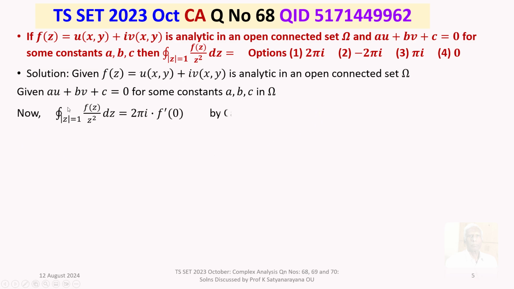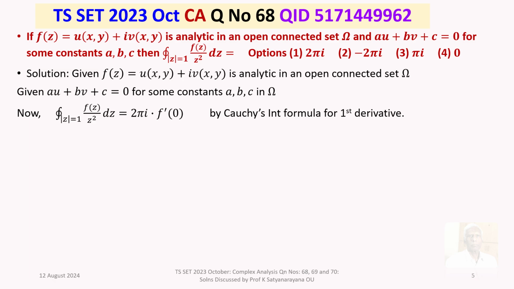Now we are required to find the integral taken round the unit circle mod z = 1 of f(z)/z² dz, which is equal to 2πi times f'(0). We are using Cauchy's integral formula for the first derivative.